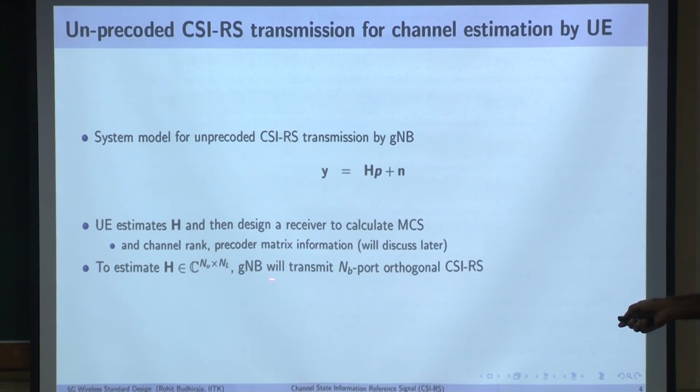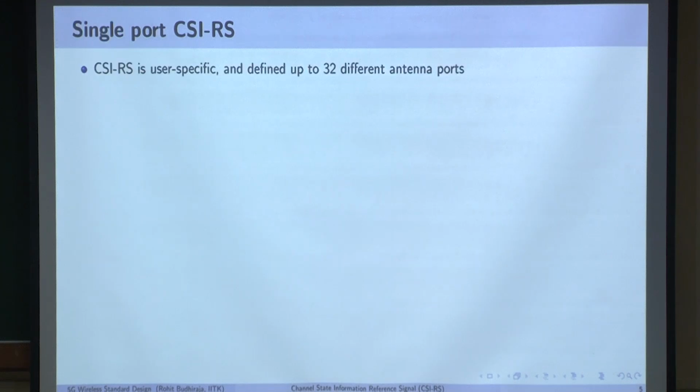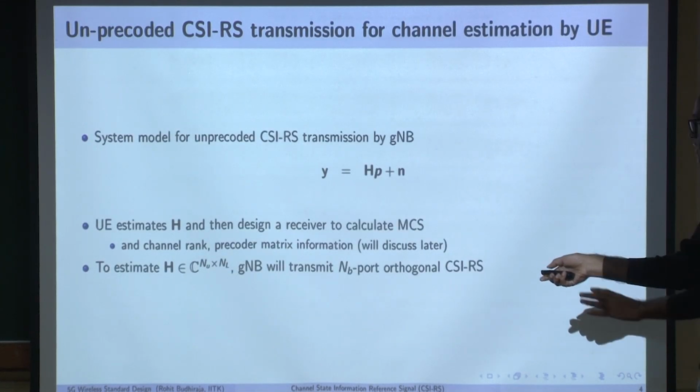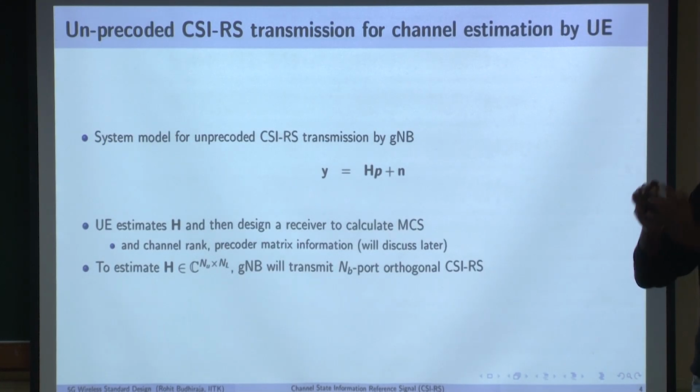There is a typo over here. So if I am assuming it to be NU cross NL, if it is NU cross NT, you will have to transmit NT port CSI-RS, correct? So this is the key background of CSI-RS.